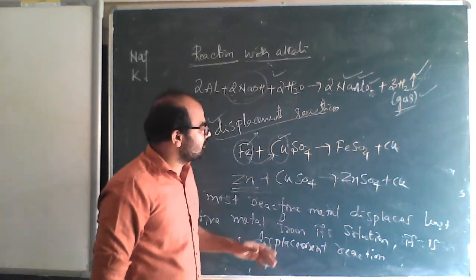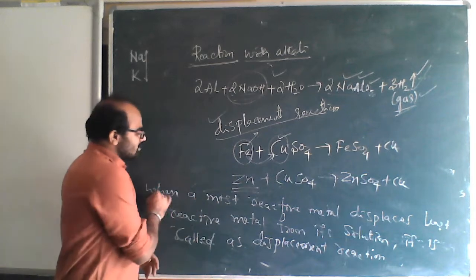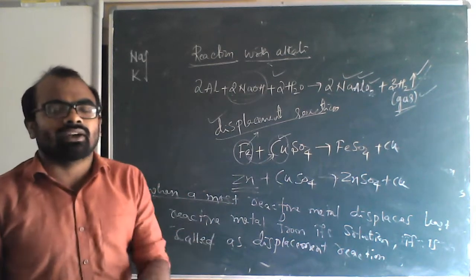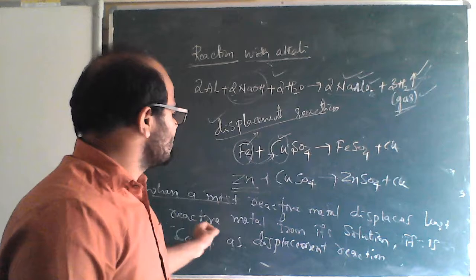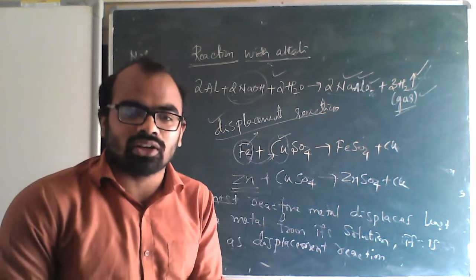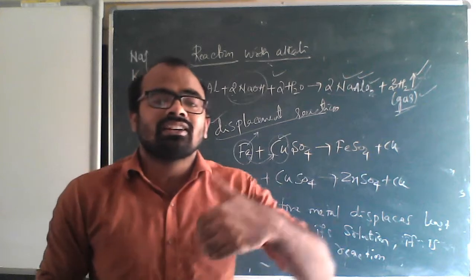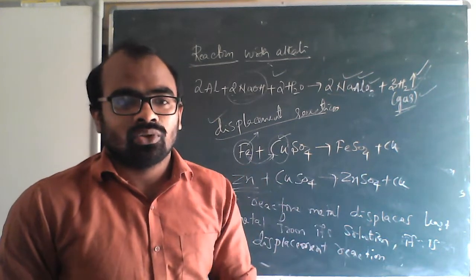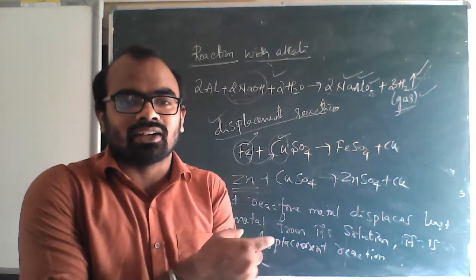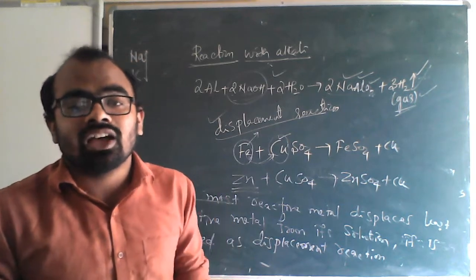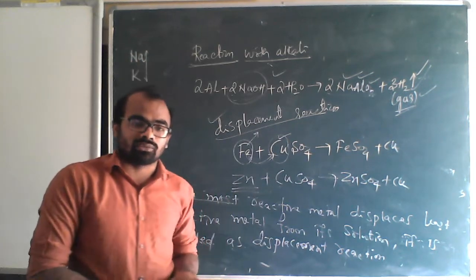So when a more reactive metal displaces a less reactive metal from its solution, it is called a displacement reaction. One metal is displacing the other metal, so we call it a displacement reaction.